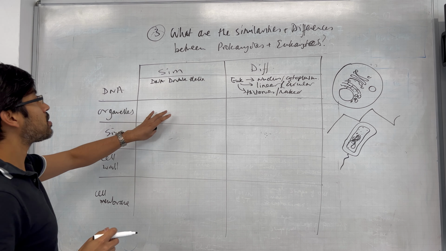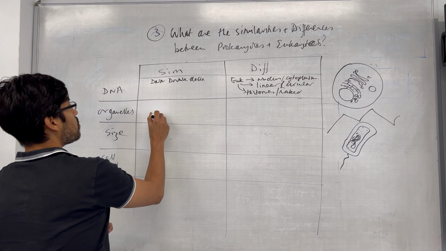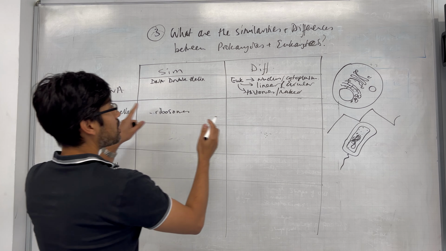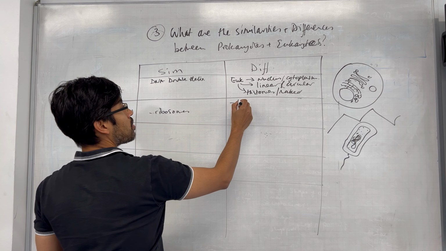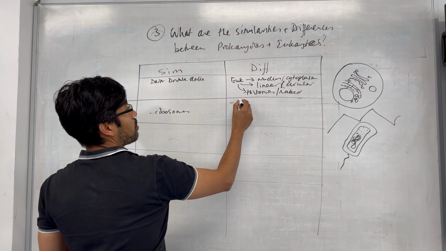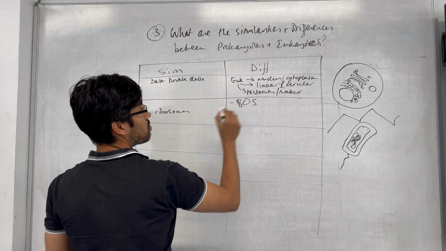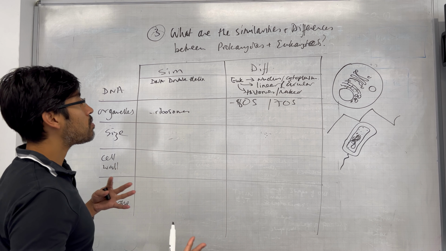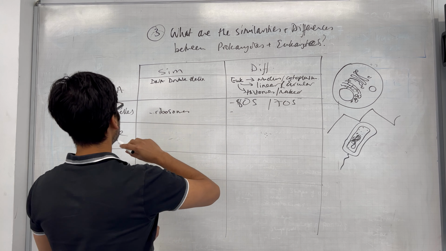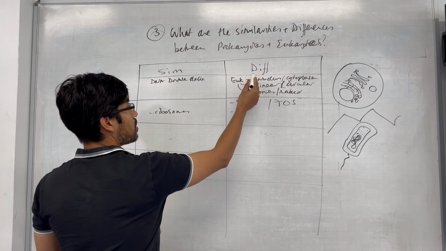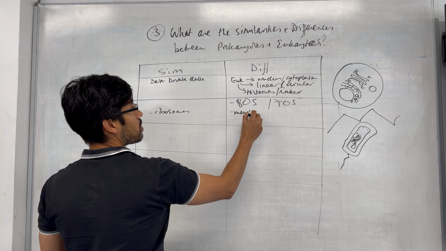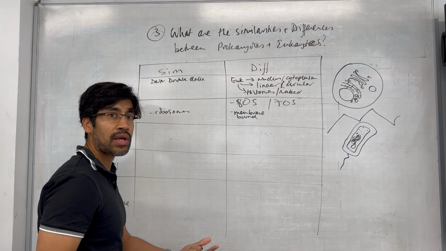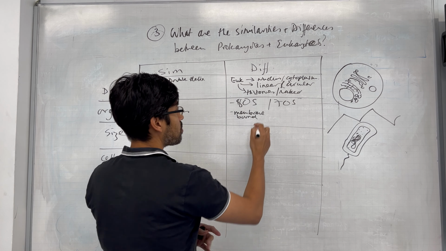In terms of organelles, a similarity is that they both have ribosomes. But the differences are that the eukaryotic ribosomes are bigger: you've got 80S ribosomes in eukaryotes and 70S ribosomes in prokaryotes, S being a measure of size. The other difference is that eukaryotes have membrane-bound organelles: Golgi apparatus, rough endoplasmic reticulum, smooth endoplasmic reticulum.